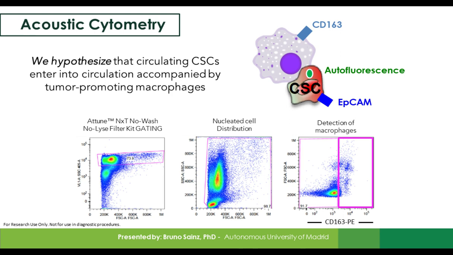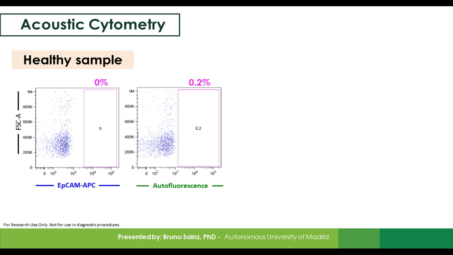Using the Attune NXT no wash, no lyse filter gating strategy, we can see here the nucleated cells which are present within the gate. Within that population, we can see very nicely the distribution of the immune cells, granulocytes, T cells, monocytes, etc. And then within this population, we can specifically detect the CD163 positive or tumor-associated macrophages using antibodies against CD163.